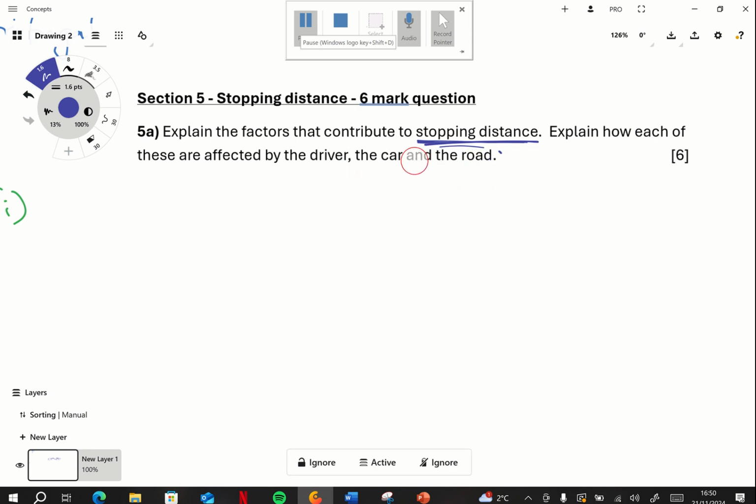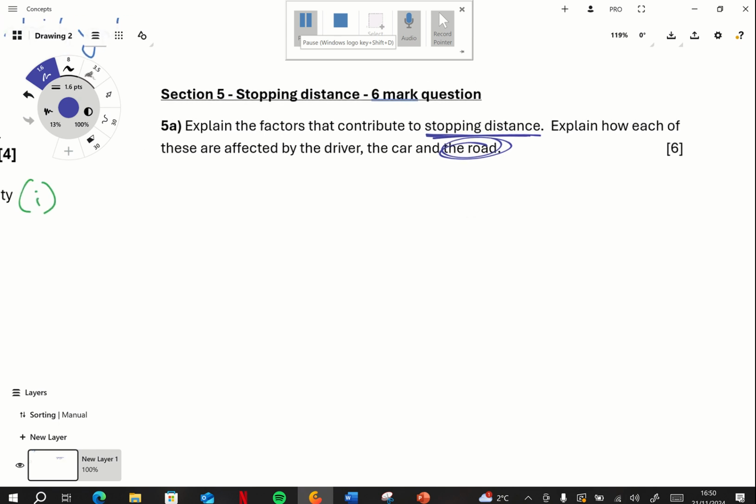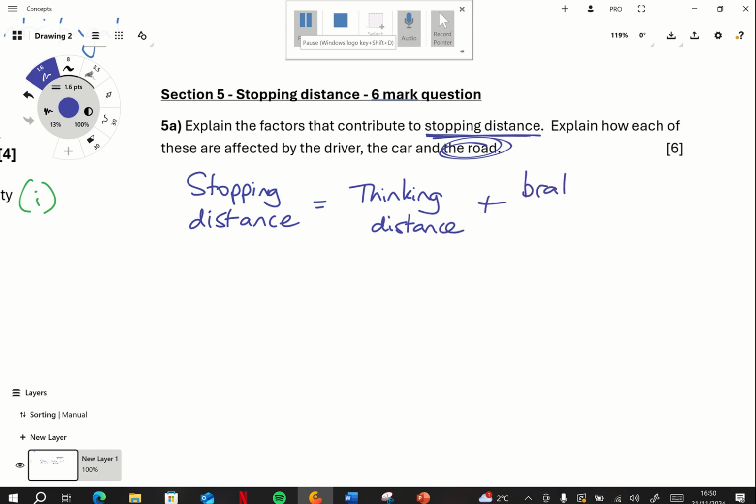Now, when I did that in class, I don't think I did the road bit as well as I should. So I'm going to do it slightly different this time. Well, the first part I need to say is stopping distance equals thinking distance plus braking distance.